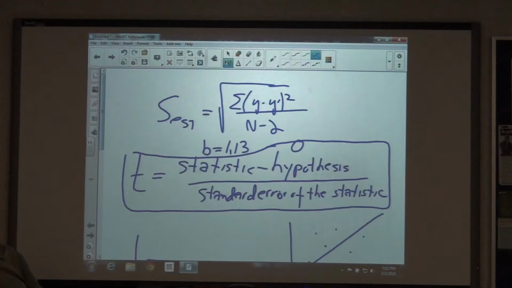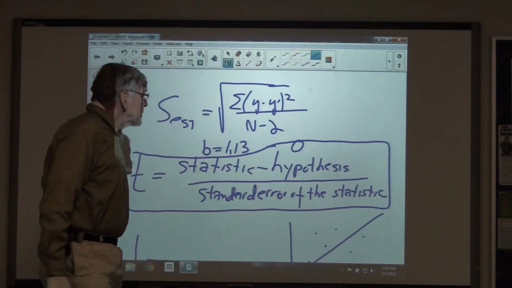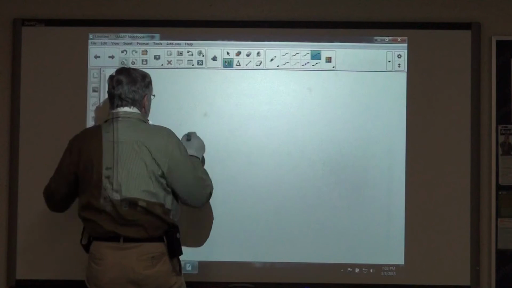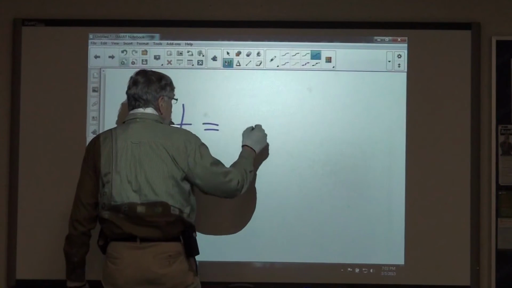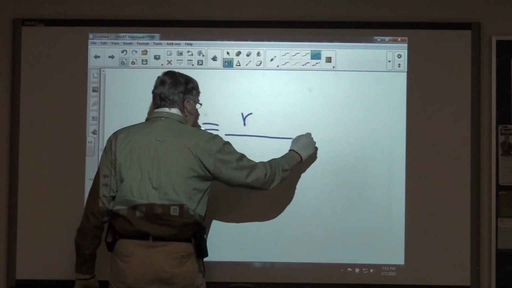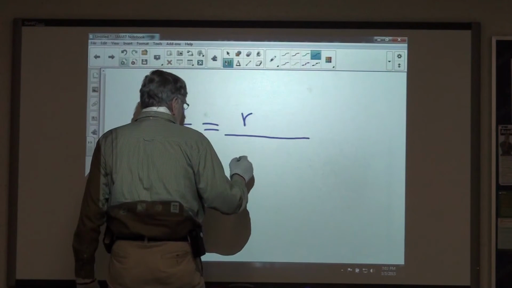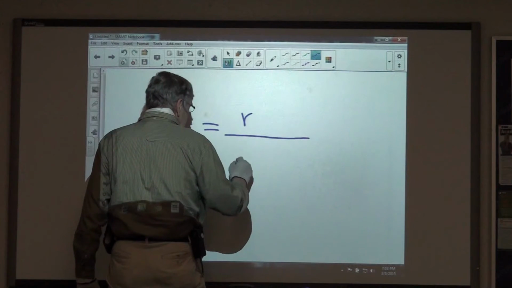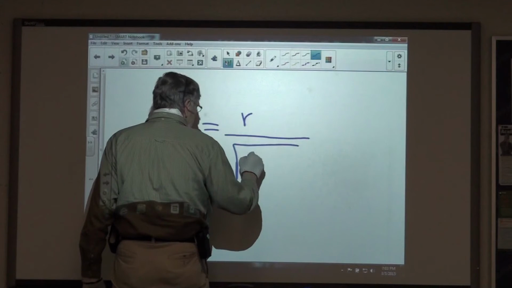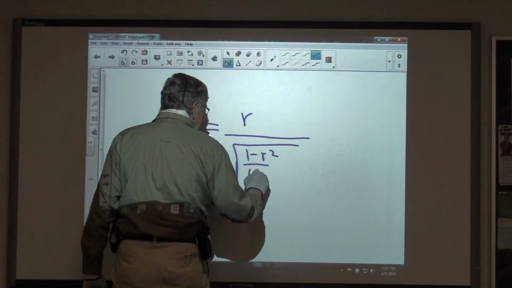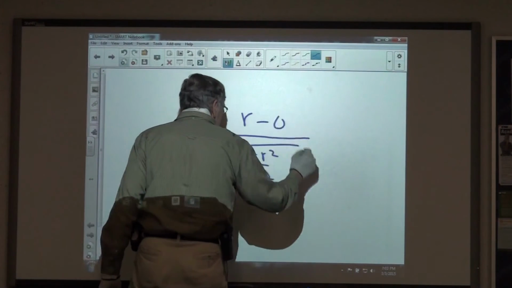So for any other problem, we just do the other t-value test. Yes, the other t-value test is included. The t-value for relationship, for correlation, is r over the square root of 1 minus r squared over n minus 2. So it's r minus 0.